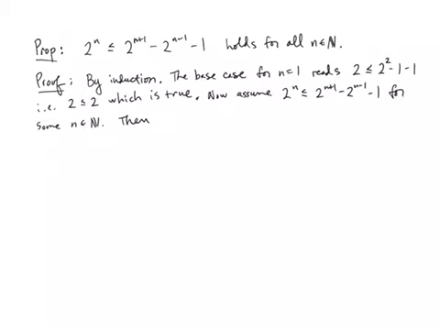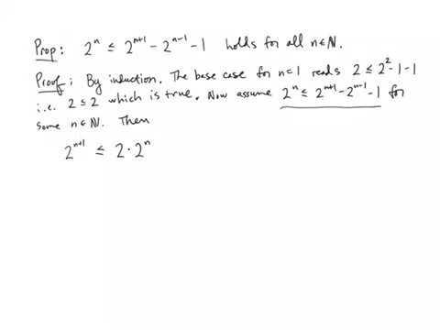So that's going to involve a 2 to the n plus 1 on the left-hand side. We want to say that 2 to the n plus 1 is less than or equal to 2 to the n plus 1 plus 1 minus 2 to the n plus 1 minus 1 minus 1. And what we have is the p sub n statement, this inequality involving 2 to the n. So what I'll do is rewrite this 2 to the n plus 1 as 2 times 2 to the n.